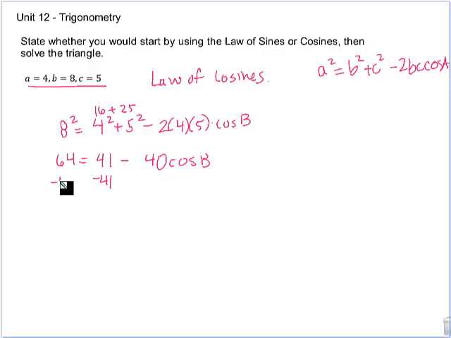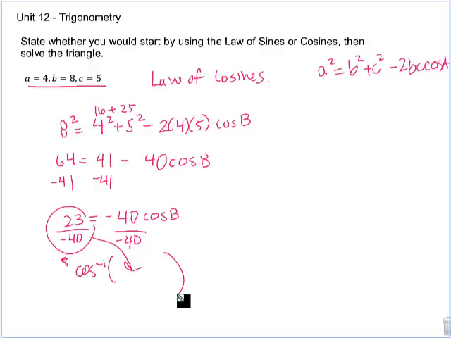Solving for cosine of B, we still first have to subtract our 41. So 64 minus 41 is 23, which is equal to negative 40 times the cosine of B. Divide by negative 40. And since we're looking for an angle measure, we have to take the inverse cosine of whatever decimal we get for 23 over 40.